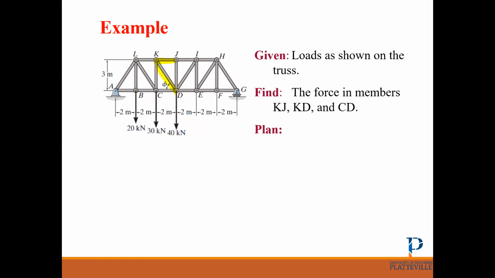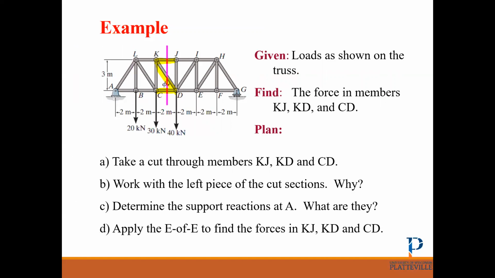This is KD, and this is CD. Now you can tell which cut is a good cut for this truss. We want to find these highlighted members, right? So the good cut is the one that goes through these members. So we found out which cut is the best, okay?